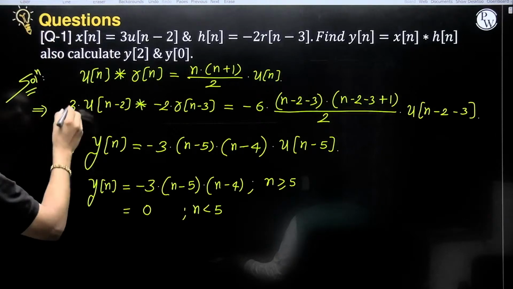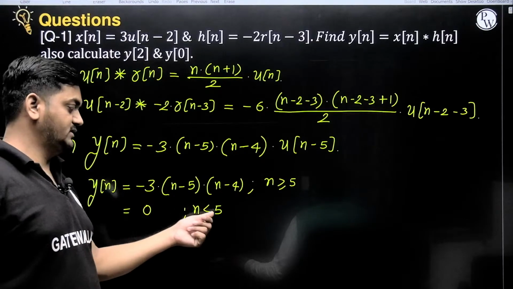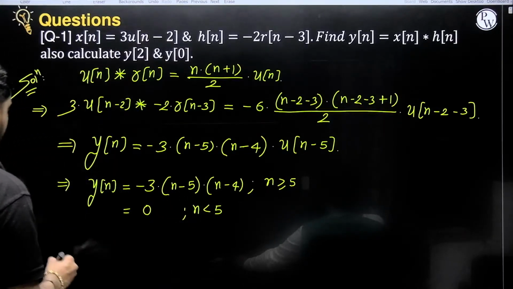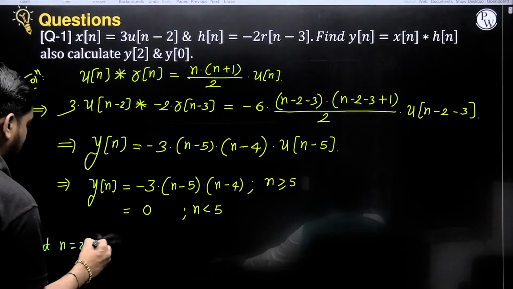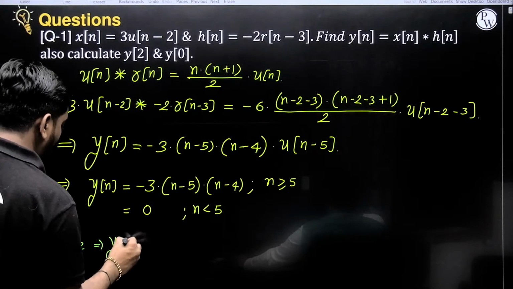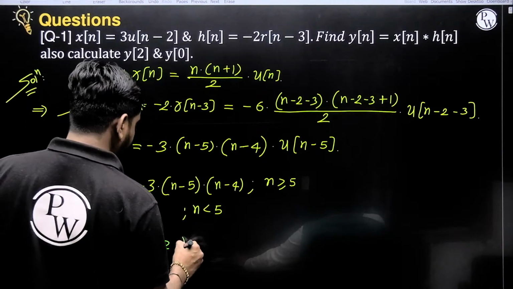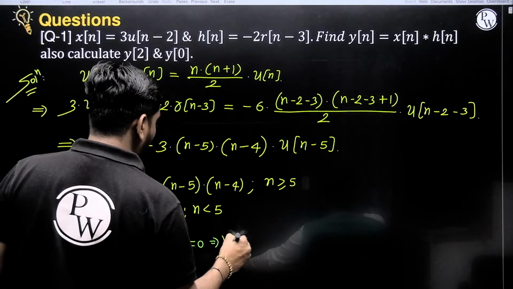Now they are asking for n equal to 2 and n equal to 0. So n equal to 2, which is less than 5, answer is 0. n equal to 0 is also less than 5, so answer is 0. At n equal to 2, y of 2, and at n equal to 0 also, y of 0.